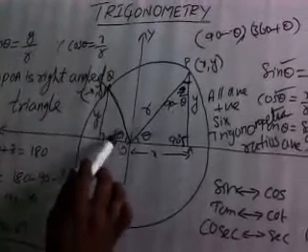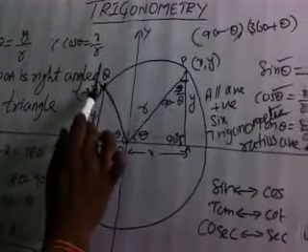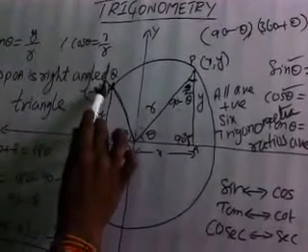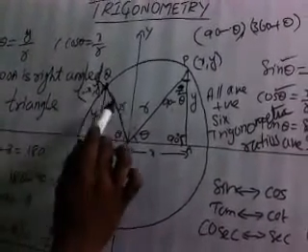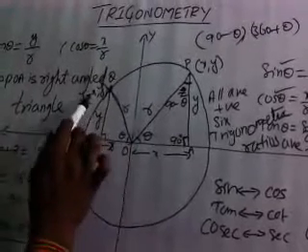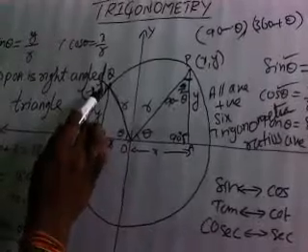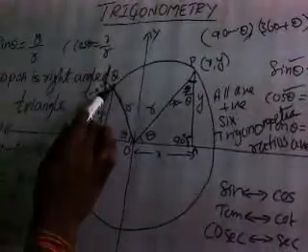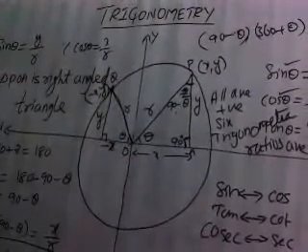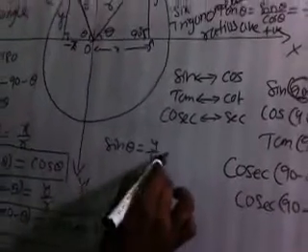The trigonometric ratios with y and r are positive. The trigonometric ratios with x and r are negative. Sin theta is y by r, so sin is positive.